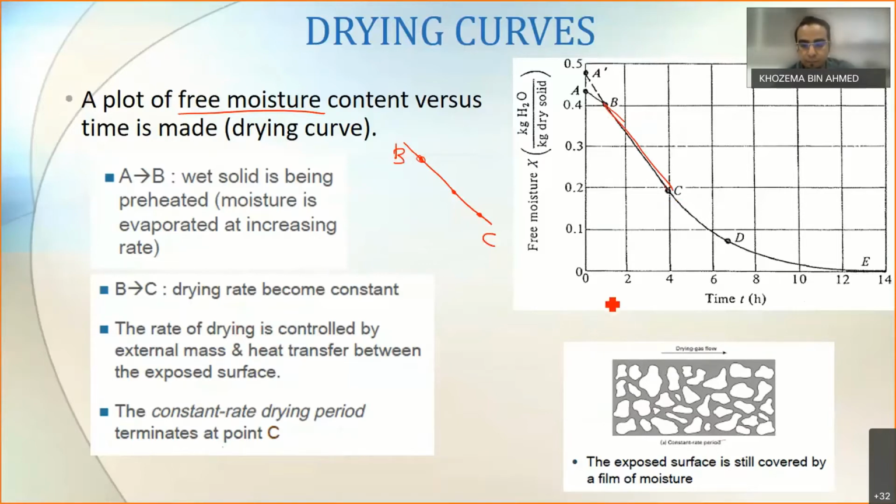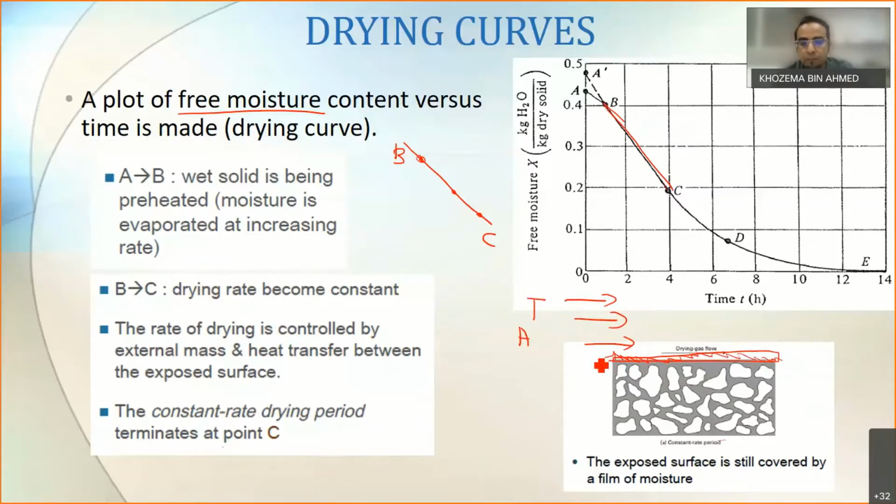Here you will have your heated air, at some temperature and some humidity, passing through your wet solid. You will have a film of water on top, so the moisture is on the surface of your material.